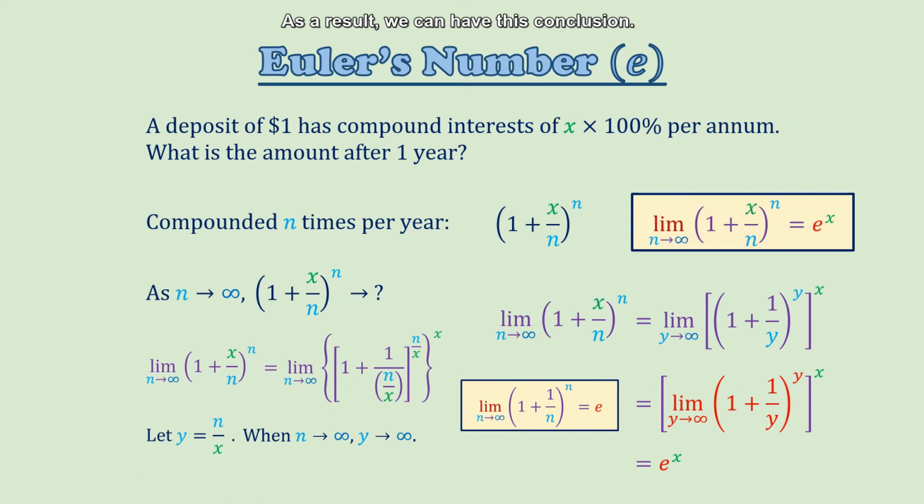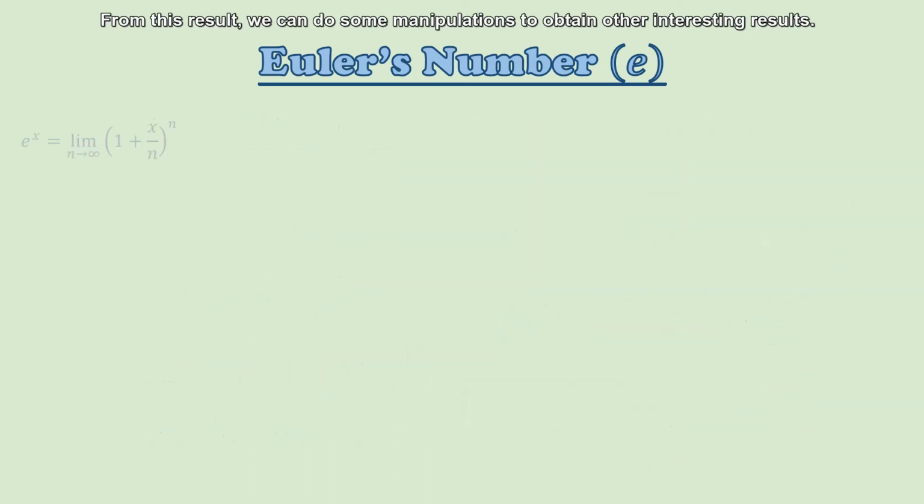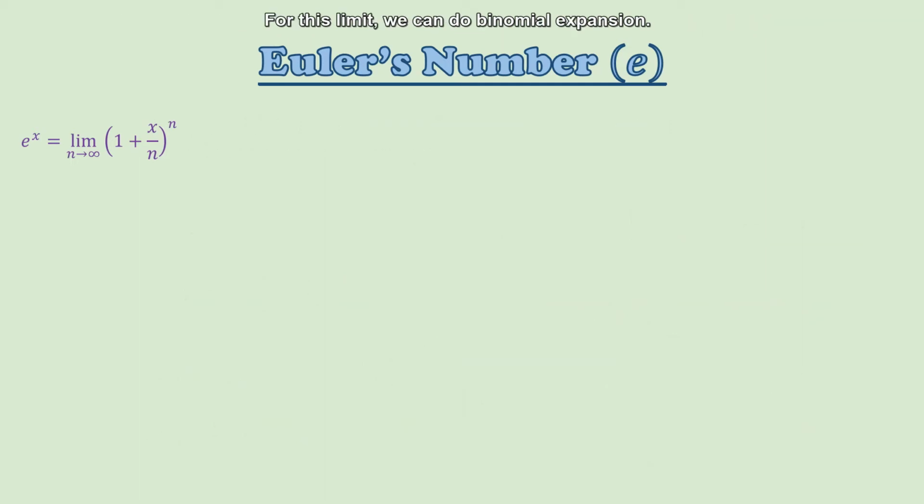As a result, we can have this conclusion, that is, the limit of (1 + x/n)^n as n approaches infinity should be equal to e^x. From this result, we can do some manipulations to obtain other interesting results. For this limit, we can do binomial expansion.